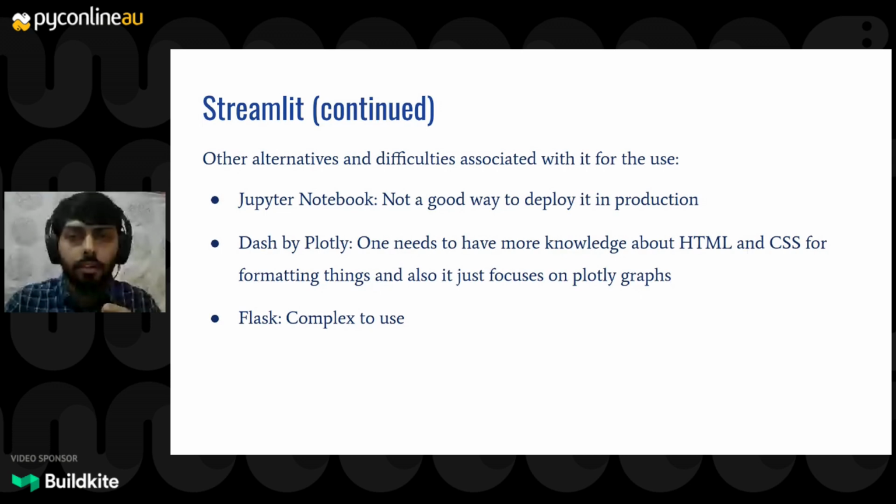This is a very good option if you want to build aesthetic looking web apps, but the only downside is that the developer needs to have prerequisite knowledge about HTML and CSS. The third and the last, and the most preferred option that I have seen deployed in production, is the use of the Flask framework. Now, there are many levels of abstraction in the Flask framework, which makes it difficult for the developer to use it if he or she doesn't have the knowledge for that.